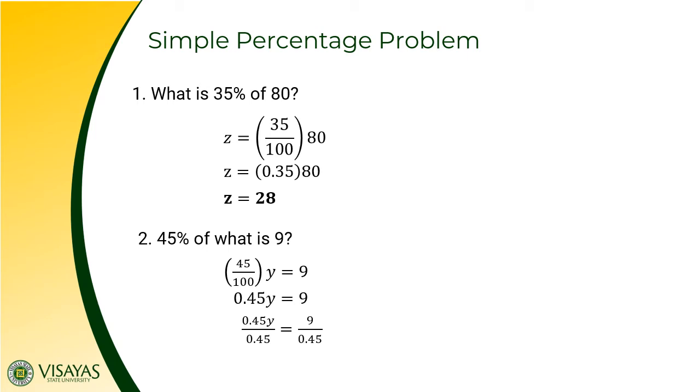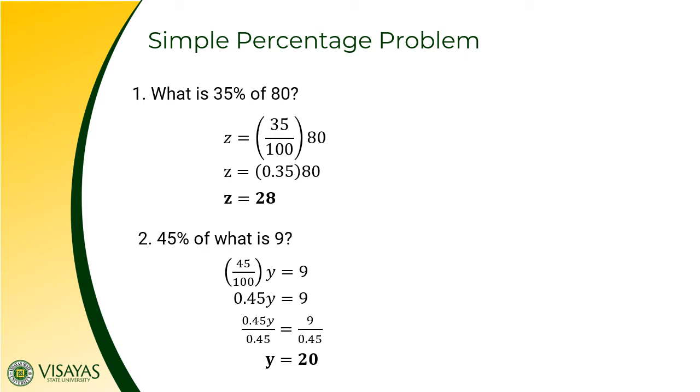Just simplify again, 0.45y divided by 0.45 is equal to 9 over 0.45, and that is y is equal to 20 because 9 divided by 0.45 is 20, which means that 45% of 20 is 9, or in other way around, 9 is the 45% of 20.